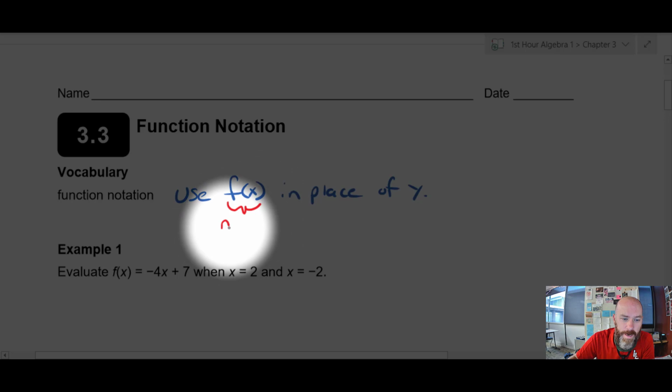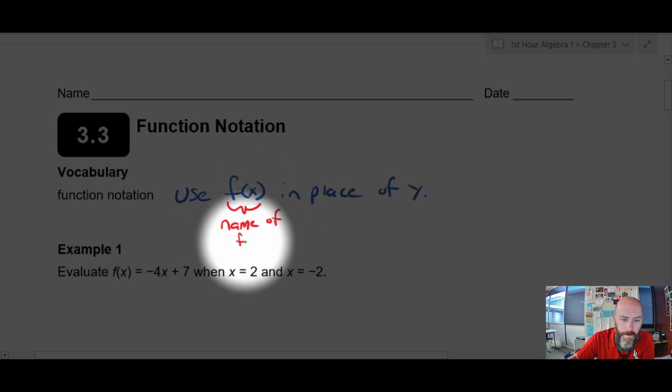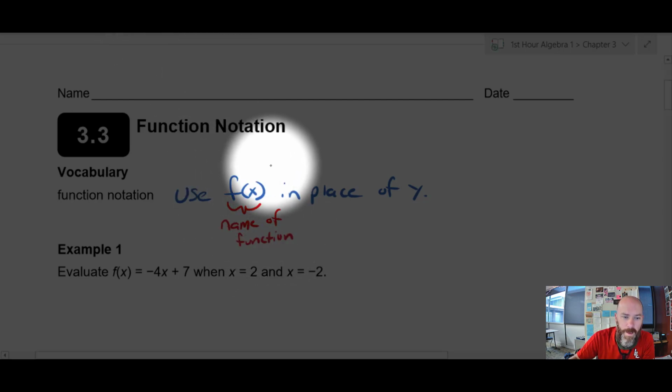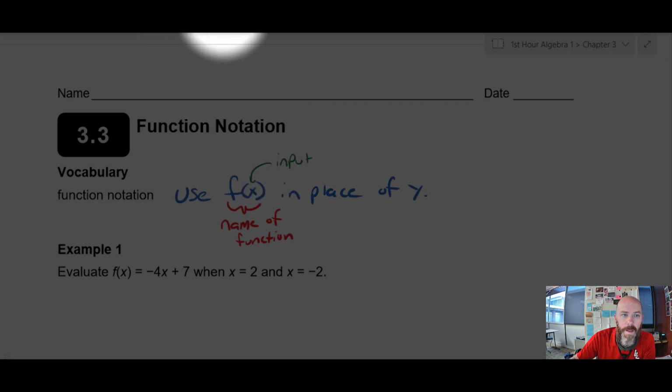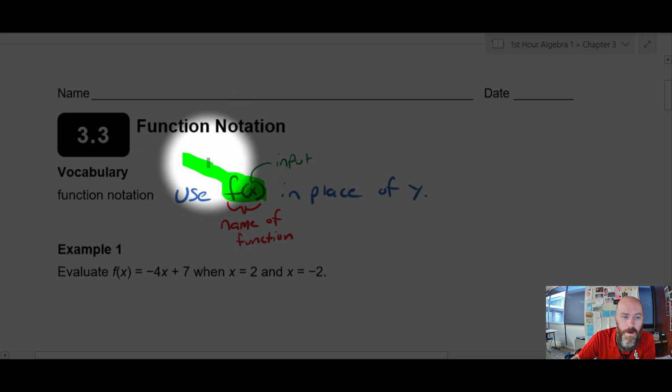This f of x is sort of like the name of your function. And this x right here lets you know what variable is considered your input. And this entire thing is then going to be used later as sort of like an output.